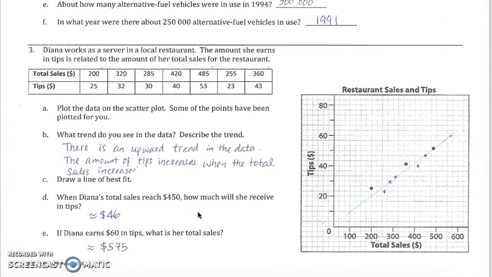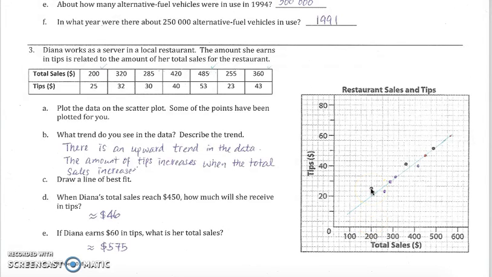Question 3. Diana works as a server in a local restaurant. The amount she earns in tips is related to the amount of her total sales for the restaurant. So total sales is shown on the horizontal axis. Tips amount is on the vertical axis. So when we plot these data, total sales 20 and 25.